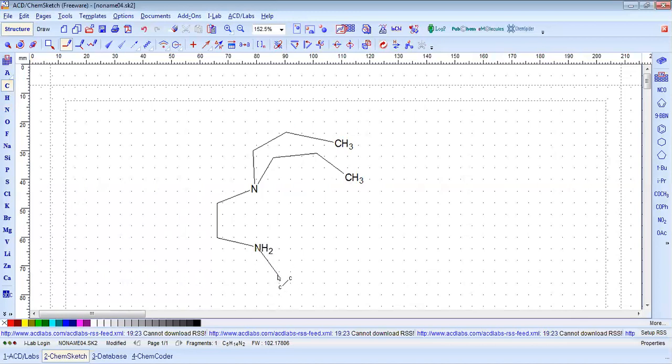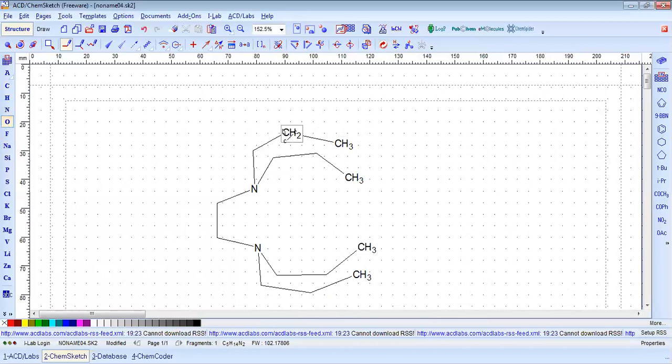Same as here. Draw the structure. So this is a partial structure. Then convert this into ethylene diamine tetraacetic acid.